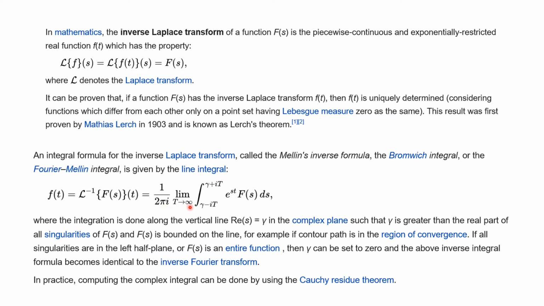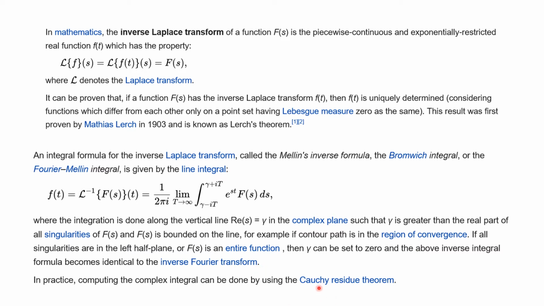And this is a line integral, going from this complex number to this complex number, of e to the st times capital F of s ds, and the integration is done in the complex plane, and there are restrictions on the singularities and regions of convergence and so on.